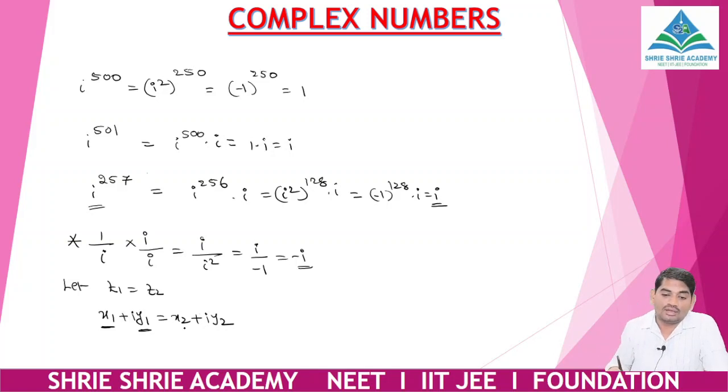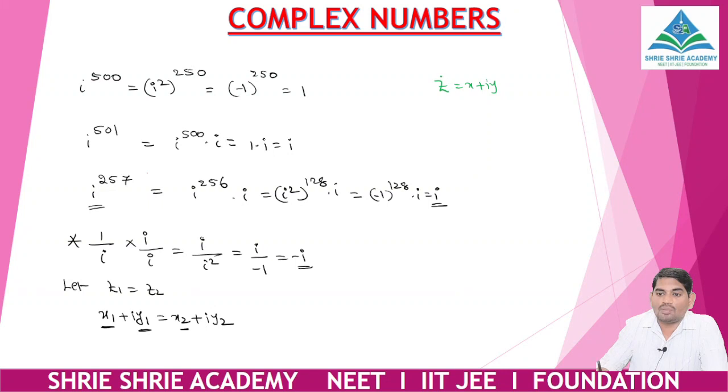Similarly, on the right side, x2 is the real part of Z2 and y2 is the imaginary part of Z2. Suppose Z is equal to x plus iota y.